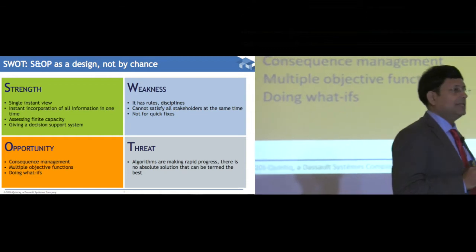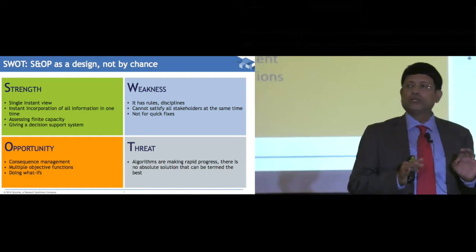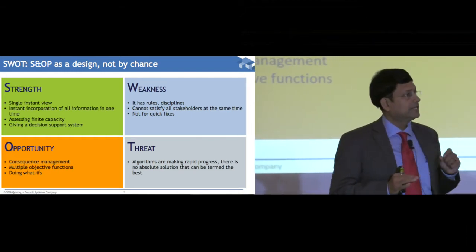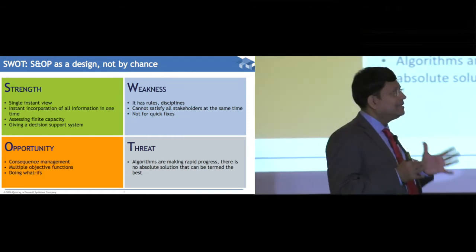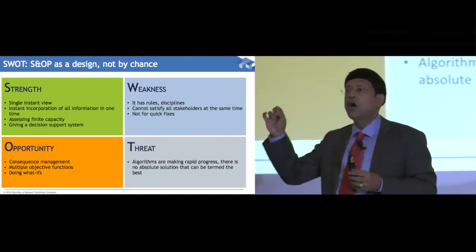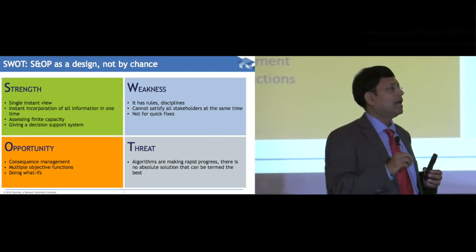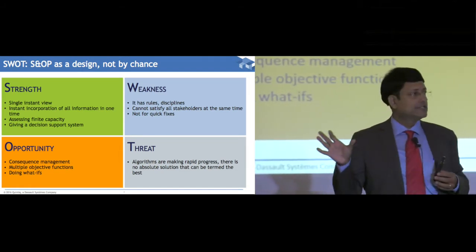There's got to be the pains that we have to go through and set the process right in terms of the actual data that is required to be collected from the various process centers. And it cannot satisfy all the stakeholders. Ultimately, every S&OP process has got sales on one hand, operations on the other, and sales and operations planning, to my mind, has got to be something which is independent of sales and operations.